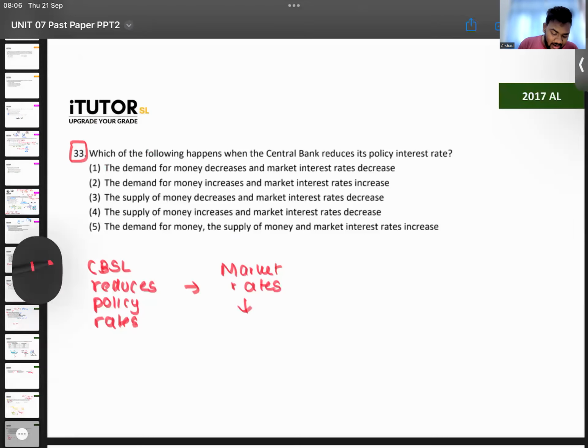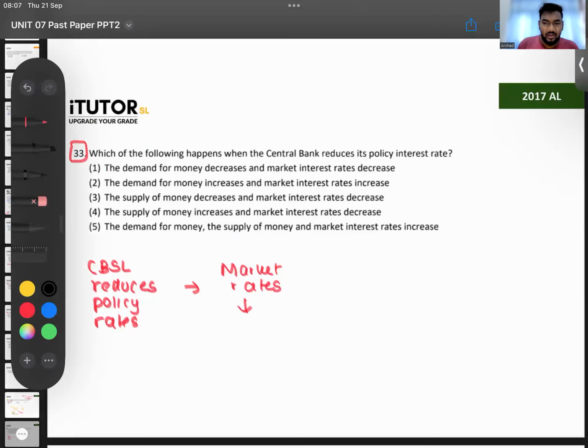So if the market interest rates come down, Lamai, what can you tell about the money supply? Money supply will increase. Okay. What can you tell about demand for money? Speculative motive, because they are asking for demand for money here.